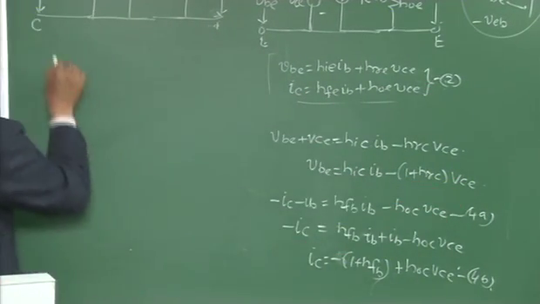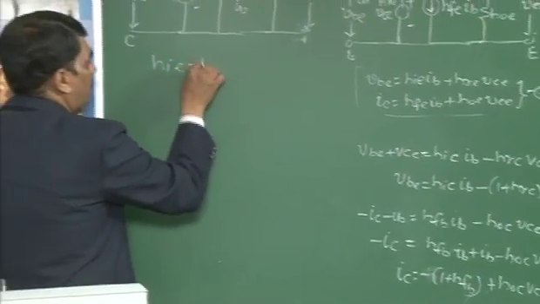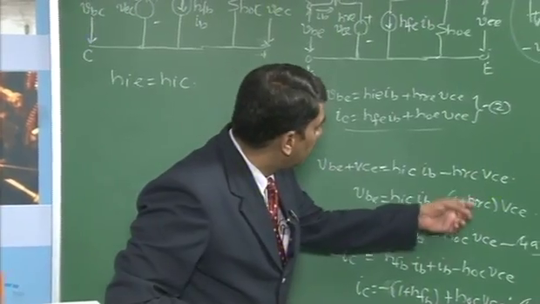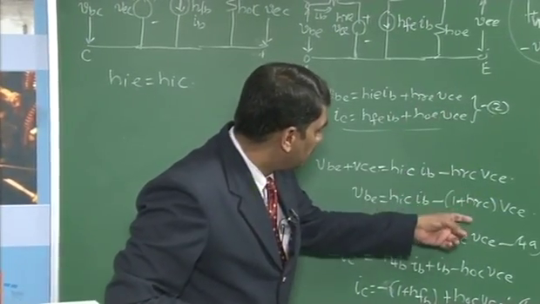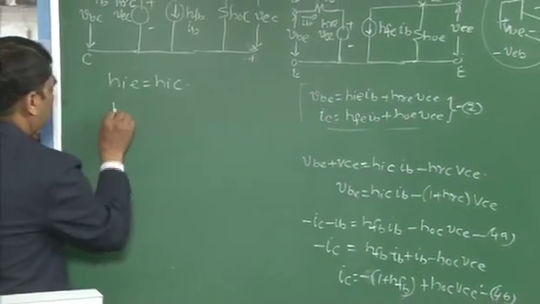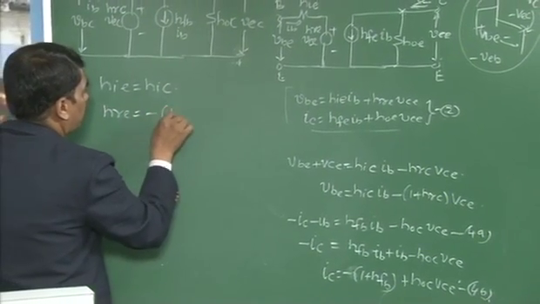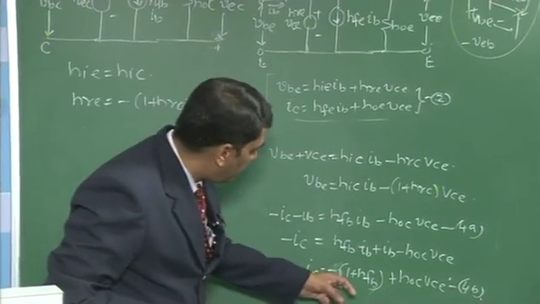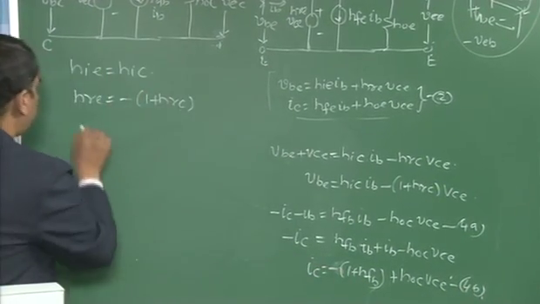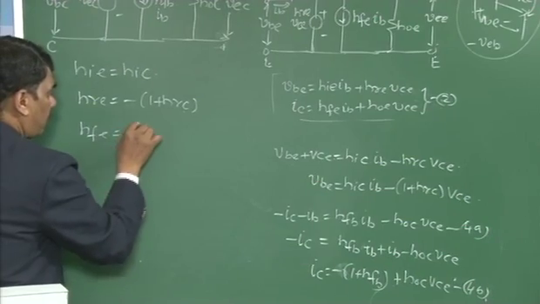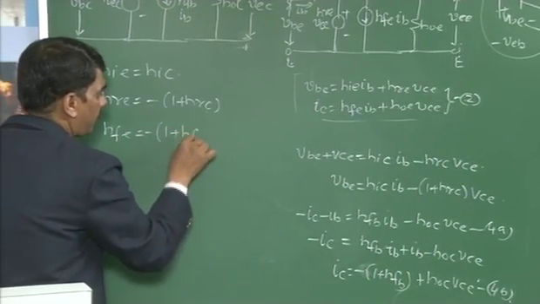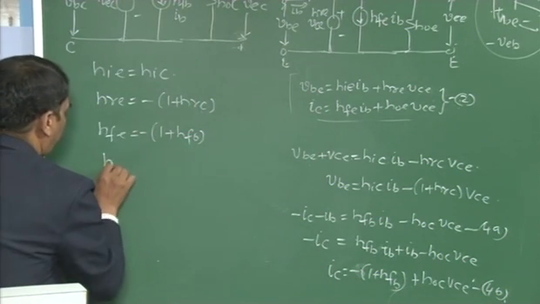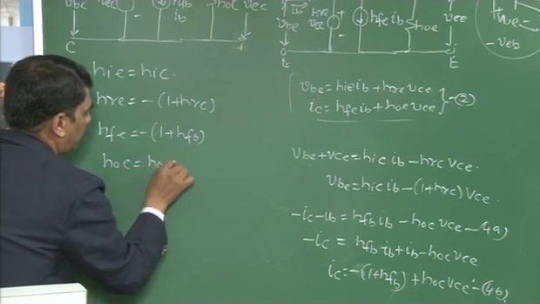From this you get HIE is equal to HIC, and HRE is equal to minus of 1 plus HRC, and HFE is equal to minus of 1 plus HFB, and HOE equal to HOC.